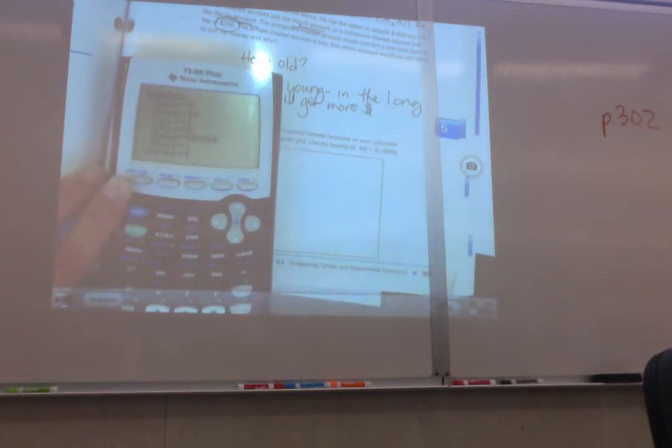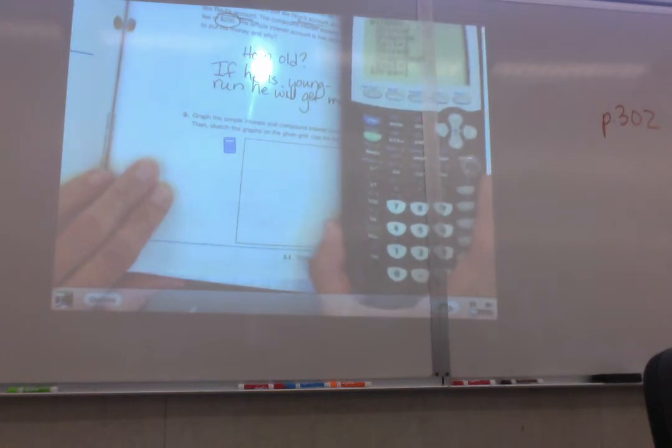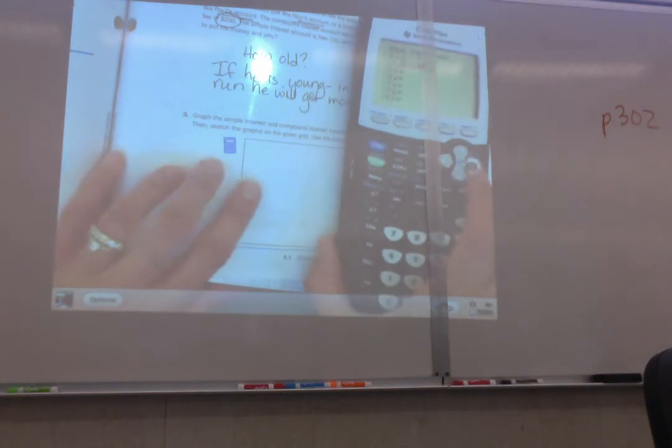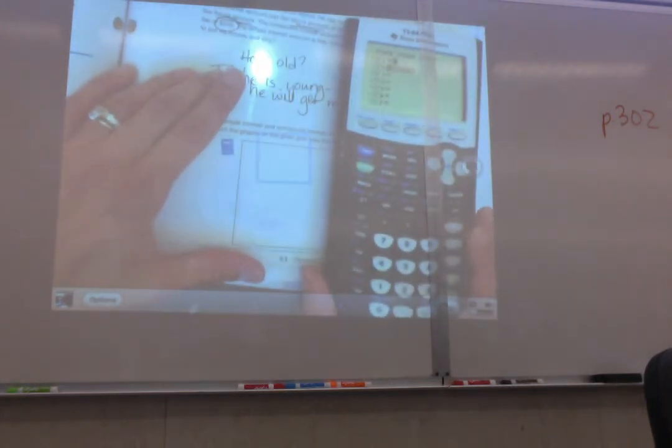It was nice of them to give us a window. Half the time, that's the hardest part. Okay? So now we're going to go to Y equals. Who do you want to be Y1? Nico or Raul, or does it matter?